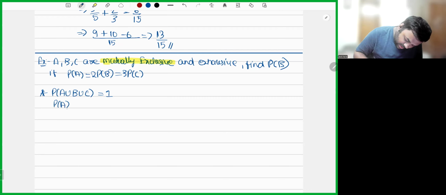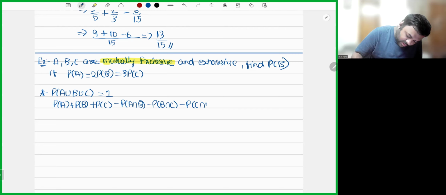P of A plus P of B plus P of C minus P of A intersection B minus P of B intersection C minus P of C intersection A plus P of A intersection B intersection C is equals to 1.